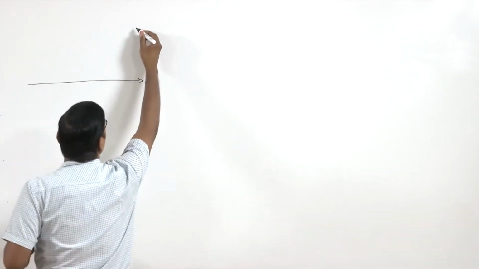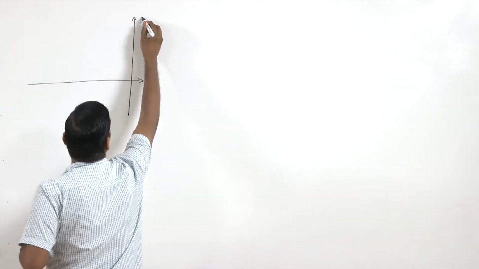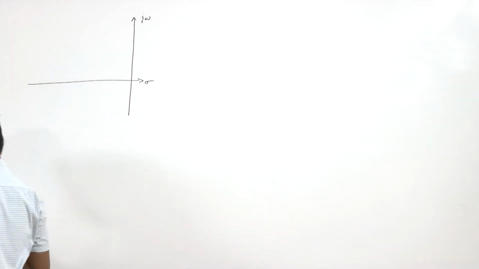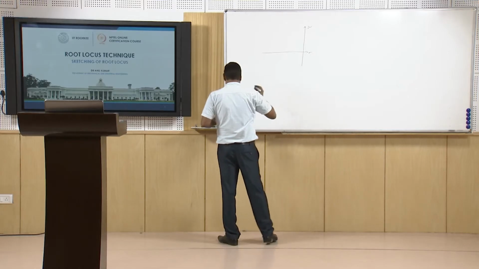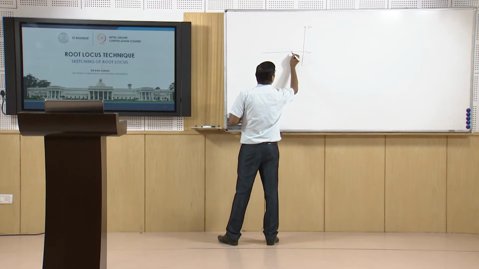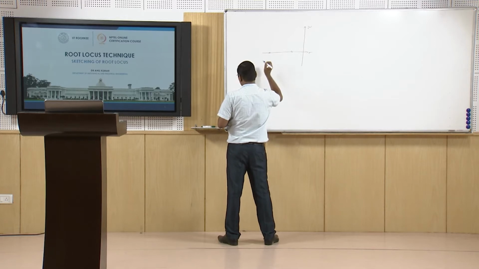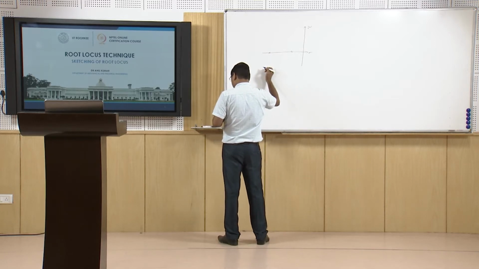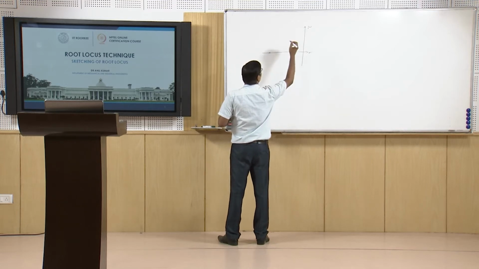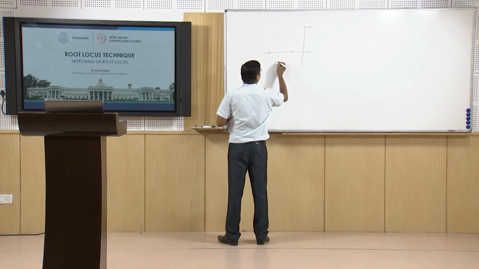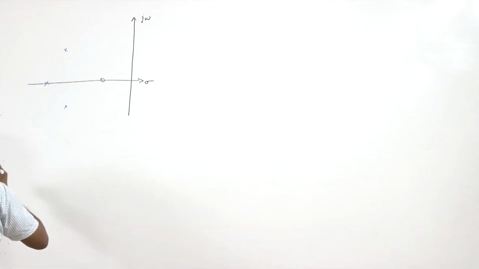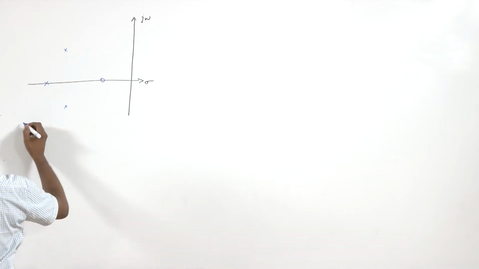So we have this S-plane, and we have here, let us say, a pole at the origin, and then there is a pole, and then there are a pair of complex poles here, and a pair of complex zeros here.